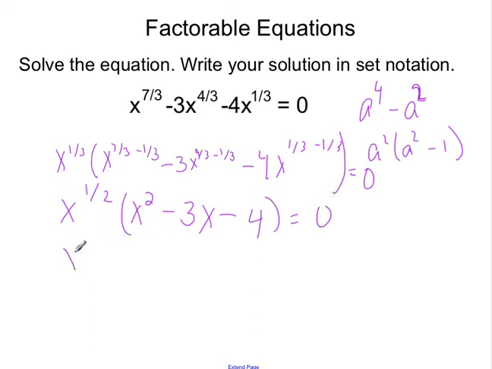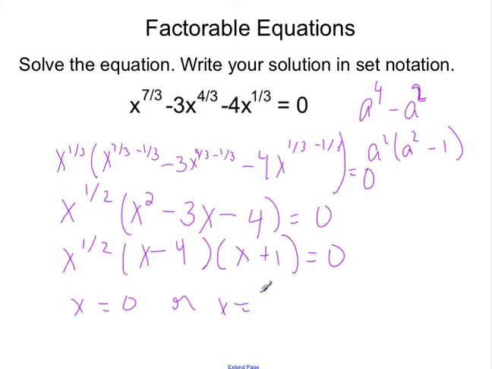So that turns out to be x to the 1/3 times x squared minus 3x minus 4, and then I factor that: x minus 4 times x plus 1, and then I solve from there. Setting each of these equal to 0, I would find out that x equals 0, or x equals 4, or x equals negative 1. And then it's always a good idea to go back and check your work.